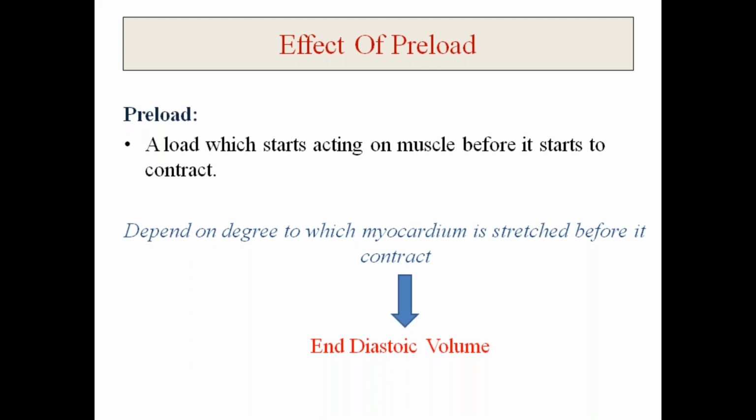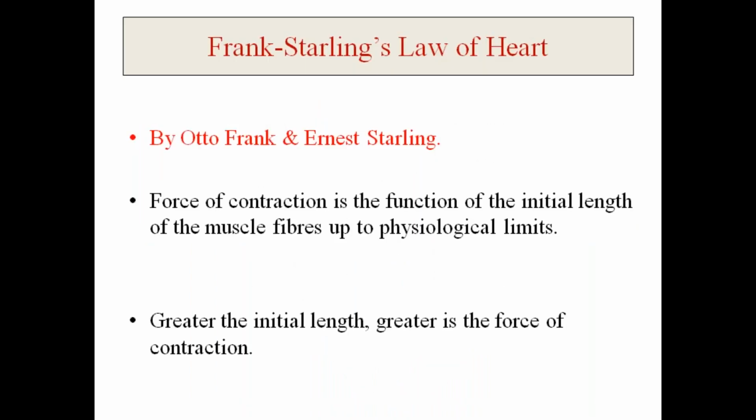Now it is said that the more the preload, the more the contractility. That means the more the muscle is stretched, the more forceful the contraction of the ventricle during systole. Why is this? This is because of the Frank-Starling law. We discussed this in the length-tension relationship of skeletal muscle also.